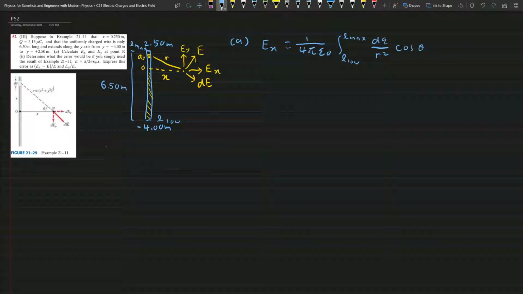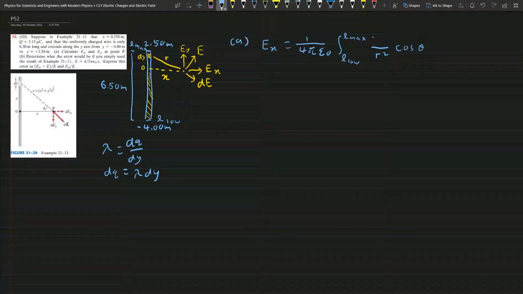Now the charge density lambda is given by dq per dy, so dq will equal lambda dy. So we directly substitute here, we get lambda dy.